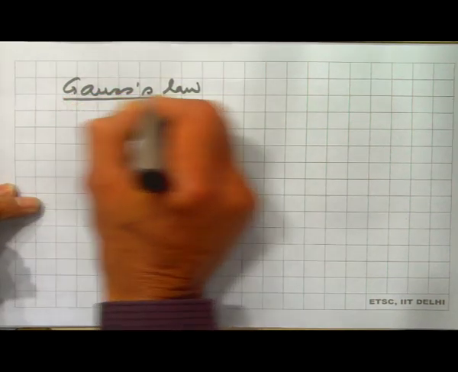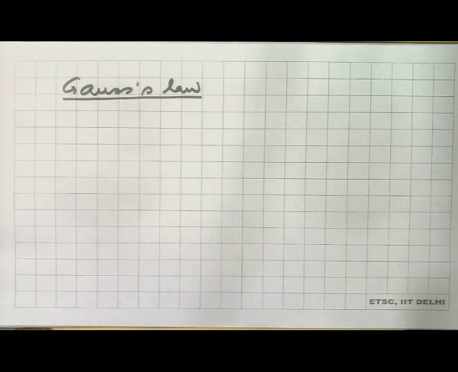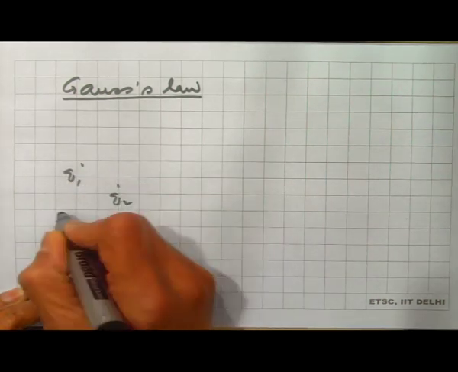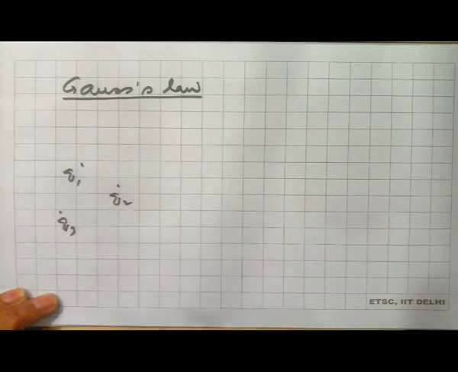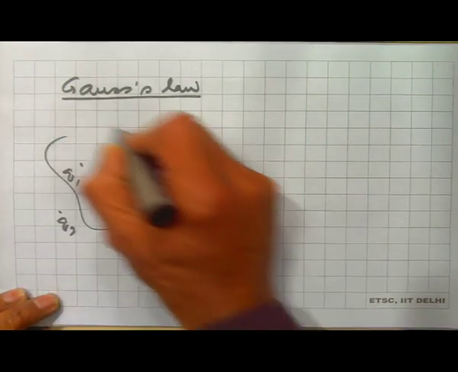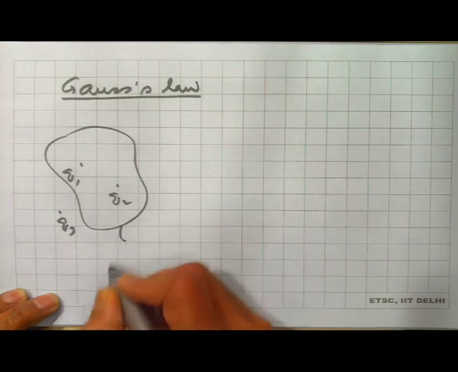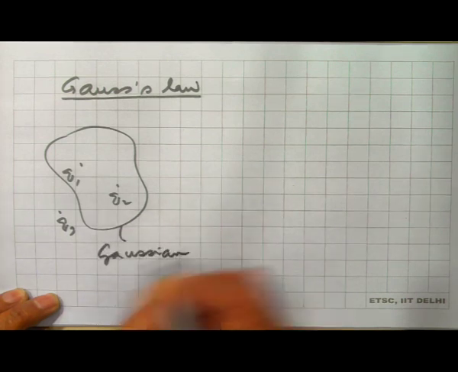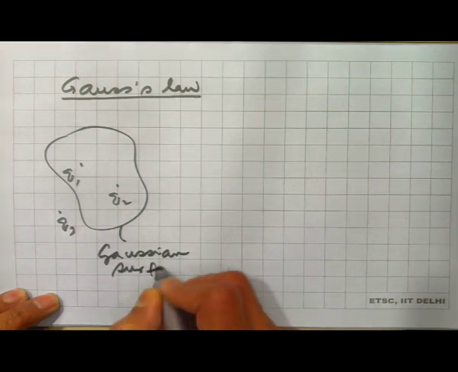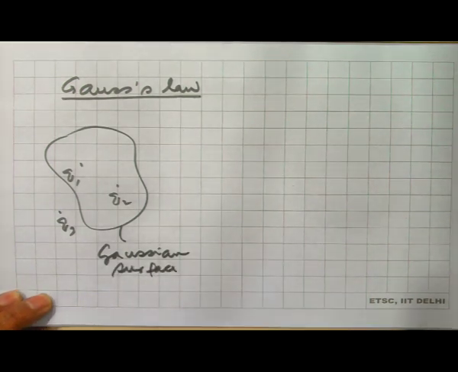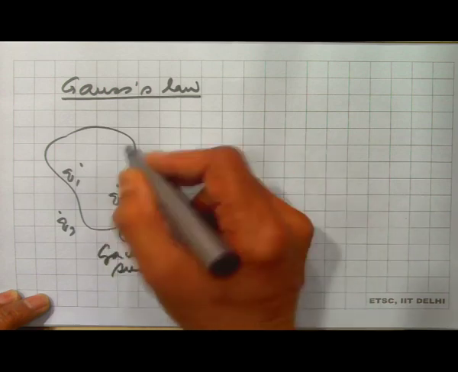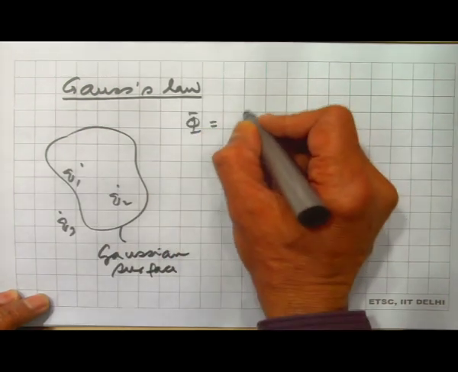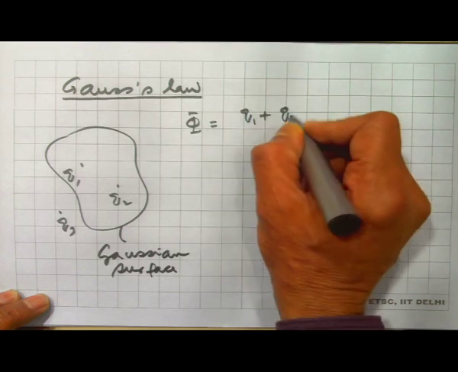So, let us recall that if you have a set of charges q1, q2, q3 etc., and if you have an imaginary surface, as we called it the Gaussian surface, then the electric flux through this imaginary Gaussian surface is given by (q1 plus q2) by epsilon 0.